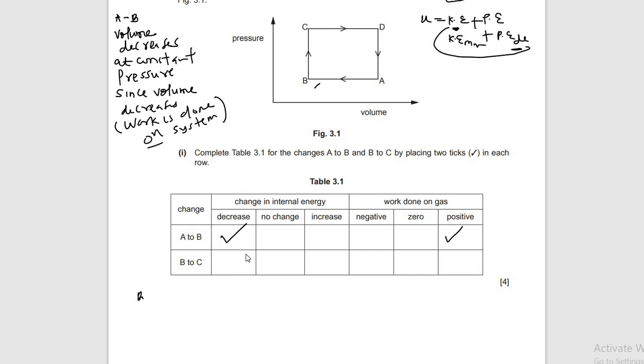B to C, pressure increases, so temperature will also increase because pressure is proportional to temperature. So kinetic energy will also increase from B to C. So we can say internal energy in this case will increase because kinetic energy is increasing and temperature will increase.